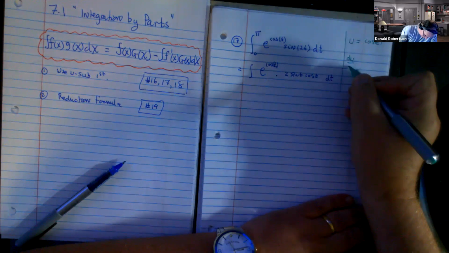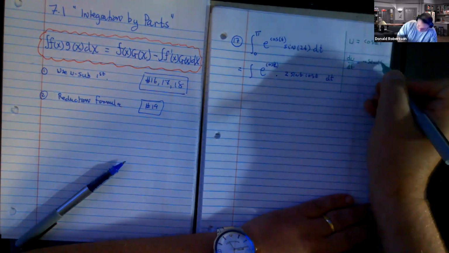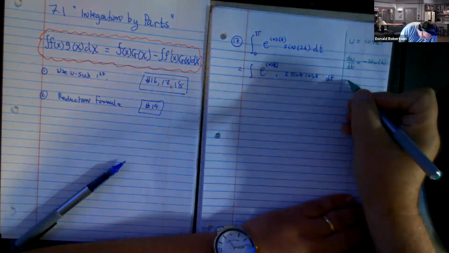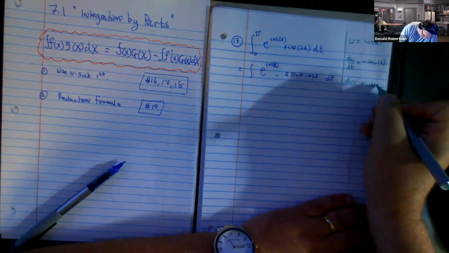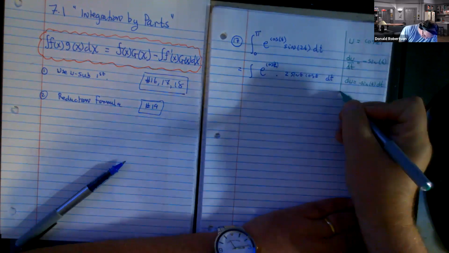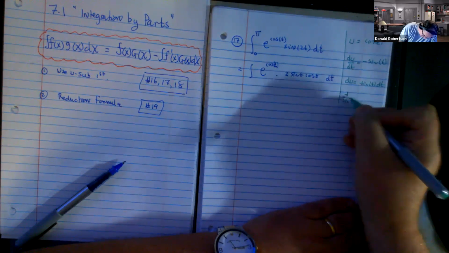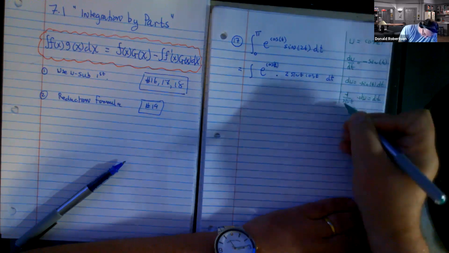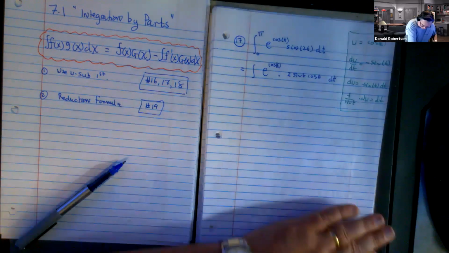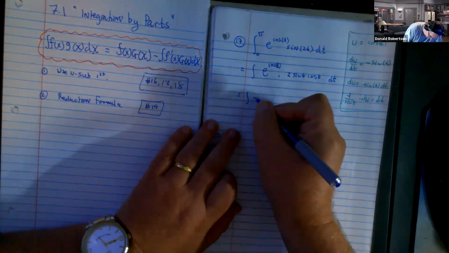Now, if you differentiate cosine with respect to t, you get a negative sine t, because I have my differentiation. And I do a little move it along, crossover, as I call it, and then divide by negative sine t. We have that. So we now have the integral of e to the u.